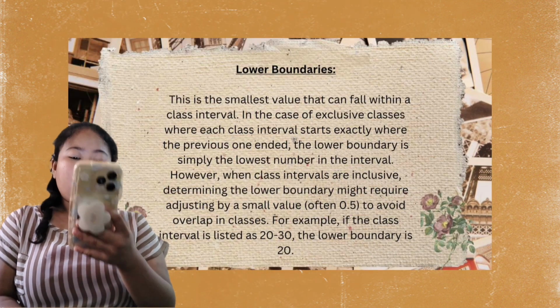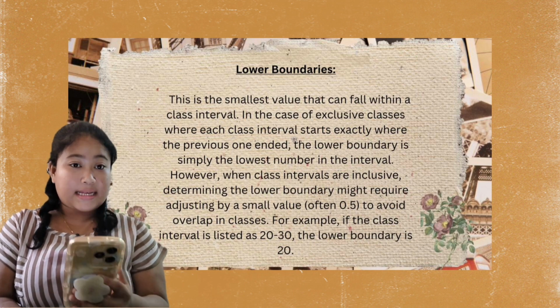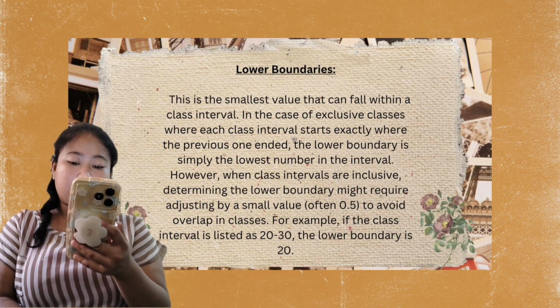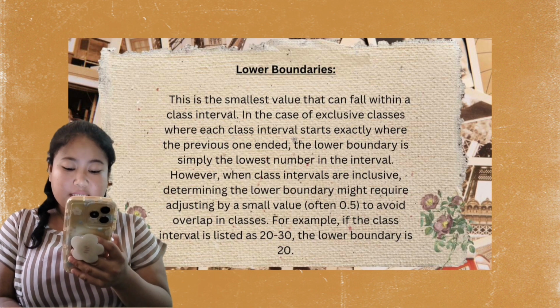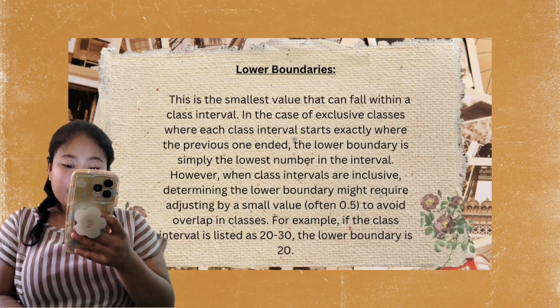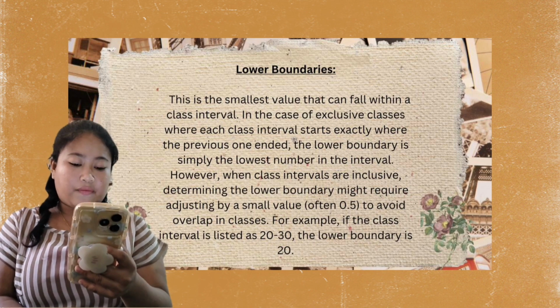Lower boundaries. This is the smallest value that can fall within a class interval. In the case of inclusive classes, where each class interval starts exactly where the previous one ended, the lower boundary is simply the lowest number in the interval.